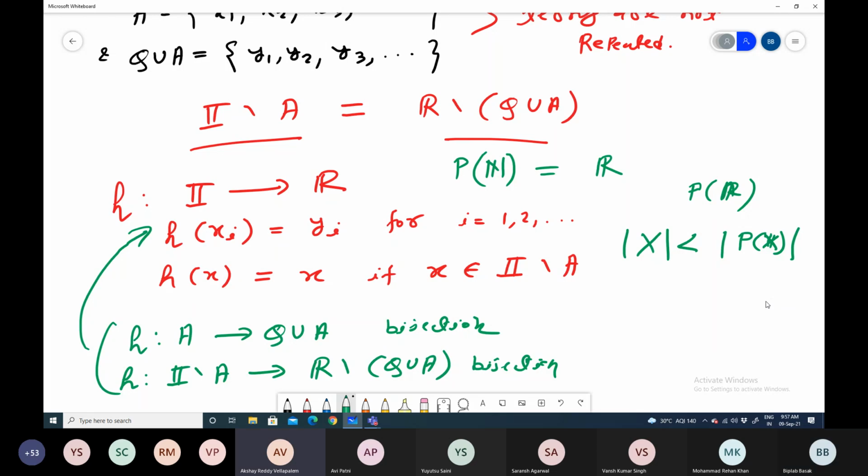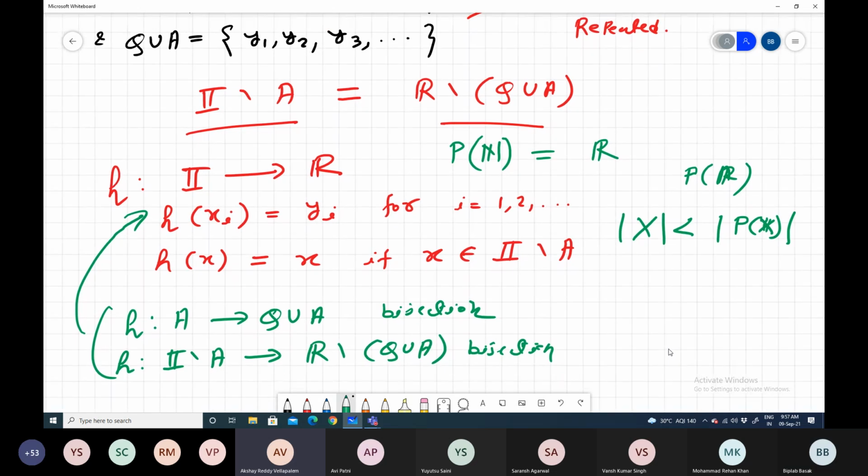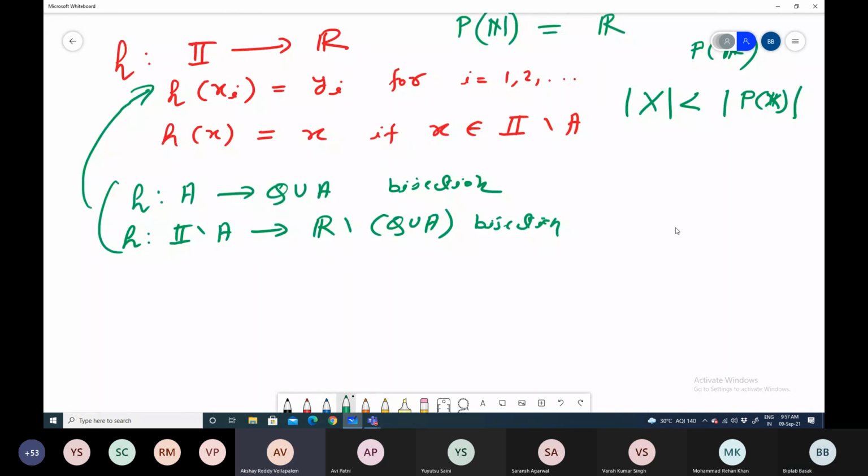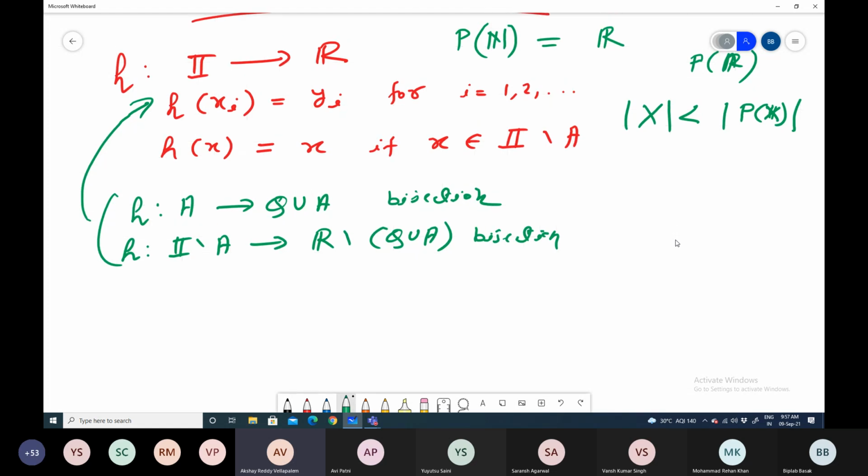Sir, I had one doubt. You told that this thing, {0,1} to the power of N, like infinite strings of 0 and 1, is the smallest uncountable infinity. Right. So I was thinking, technically I can make a function from that to every number in [0,1].